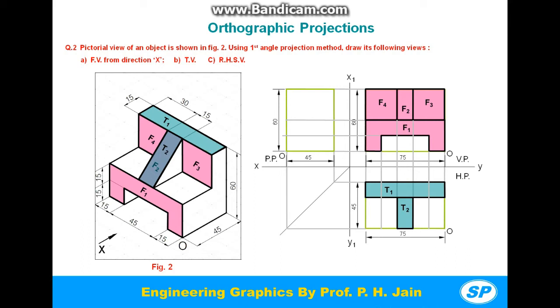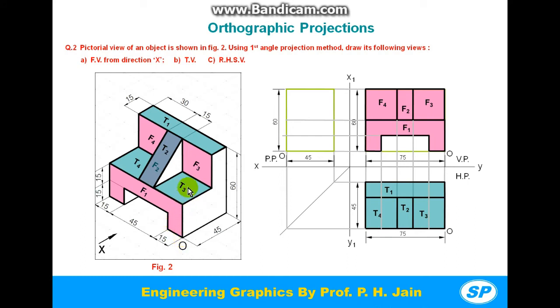Okay. Now again look at the object from top direction. From top we will see two horizontal faces, that is T3 and T4. With the reference of origin O, we can construct these T3 and T4 faces. These are the two horizontal faces. Origin O is here.